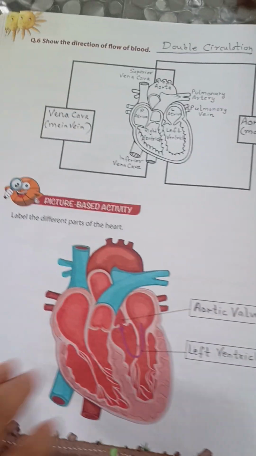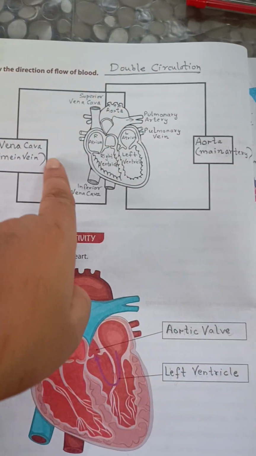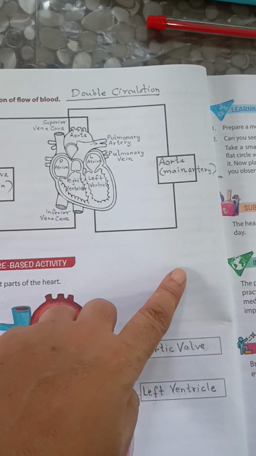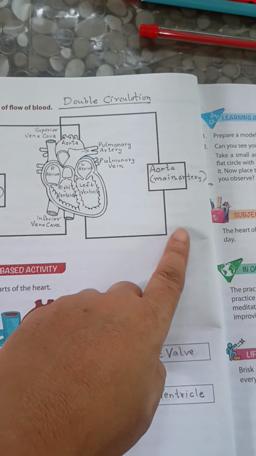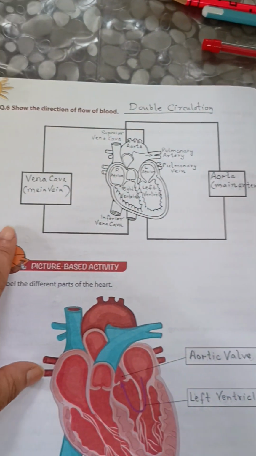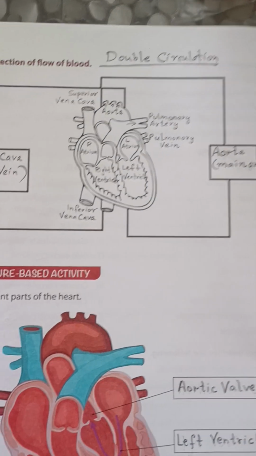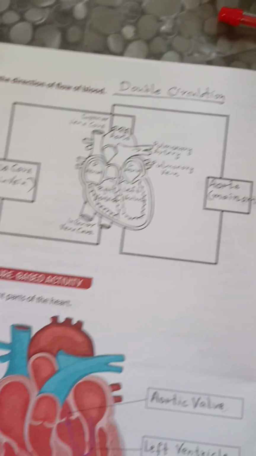Next page, it's a diagram here, show the direction of flow of blood. So this diagram is showing double circulation, and here this is the aorta, main artery, and here it's vena cava, main vein. Okay, so I'm giving you a close look.